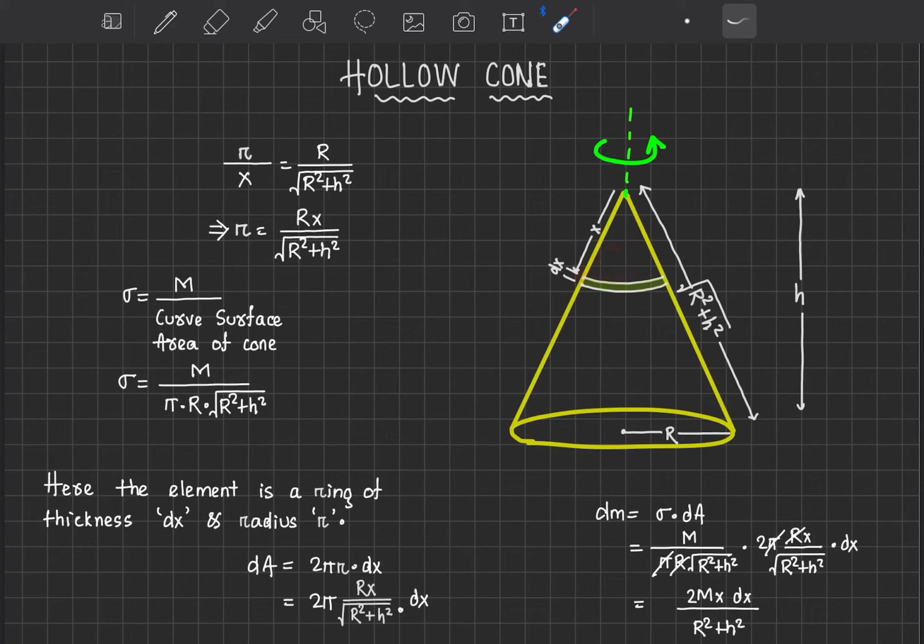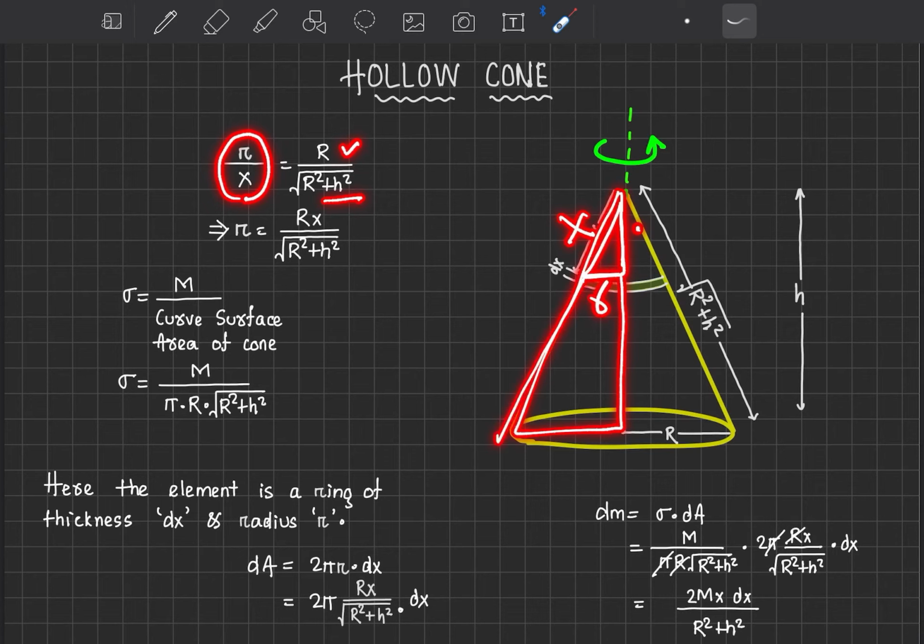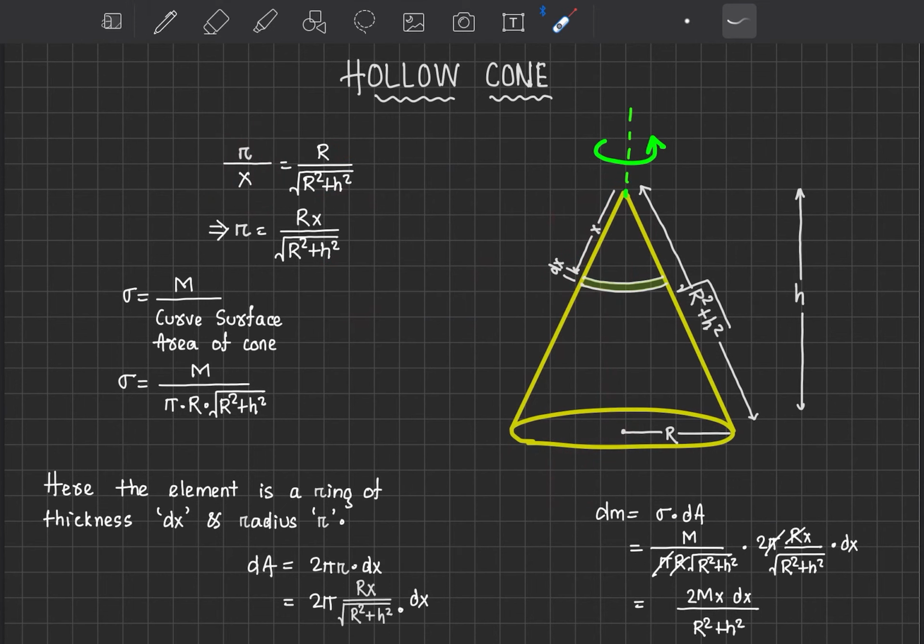By applying the similar triangle principle for this triangle and the total triangle, we get r by x equal to capital R by the square root of R square plus h square. Here this is our x value and this is r. This total length is L and this is our capital R. So we get the small r value as R x by the square root of R square plus h square.